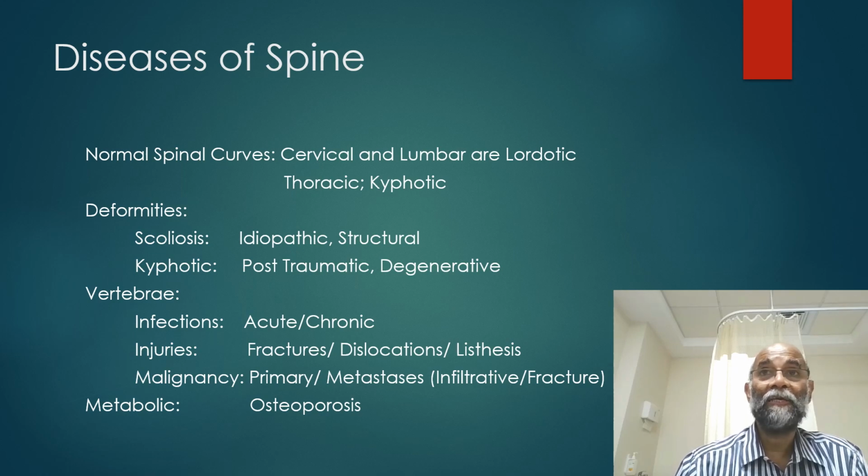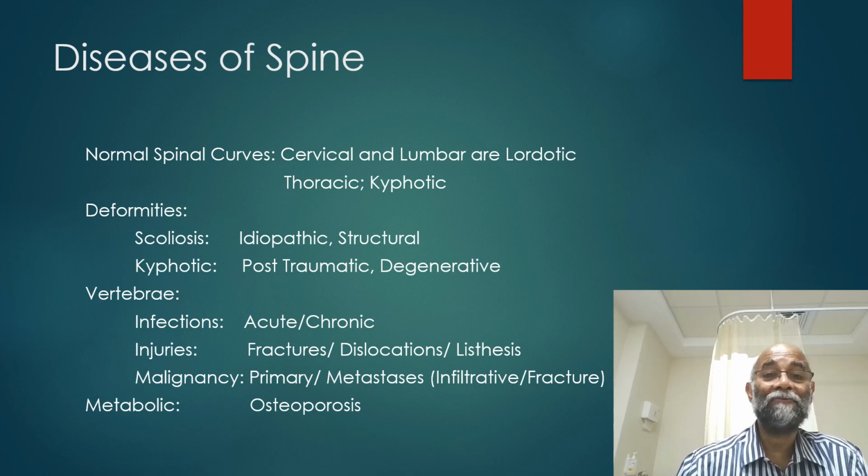Vertebrae can be affected by infections, which can be acute or chronic. Injuries can produce fractures in the vertebrae. There can be dislocations between the vertebrae, and a chronic subluxation between the vertebrae is called a listhesis.